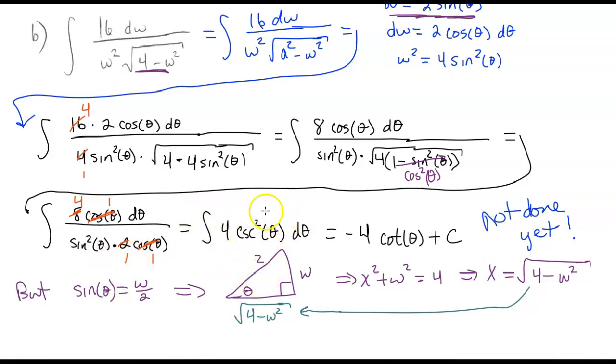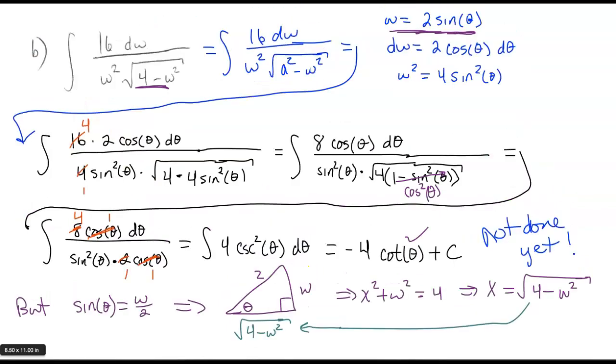So from here, we know cotangent is just the reciprocal of tangent. And if tangent is going to be opposite over adjacent, then it means cotangent is going to be adjacent over opposite. So now we just need to rewrite cotangent as just square root of 4 minus w squared, all that divided by w.